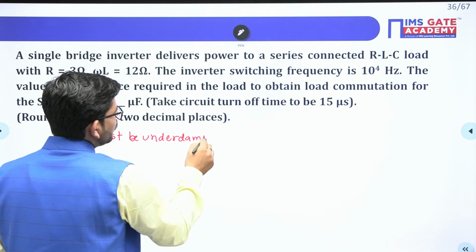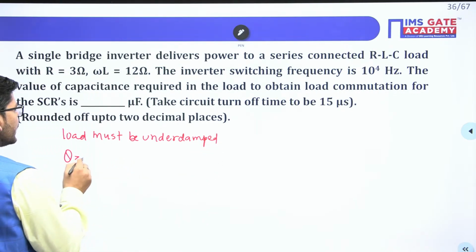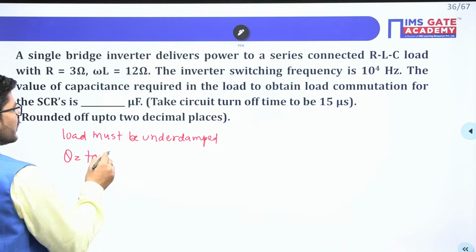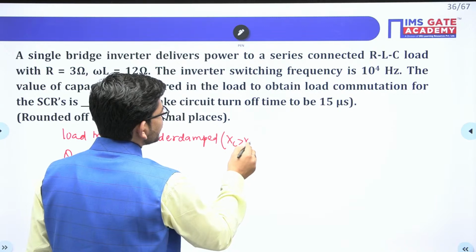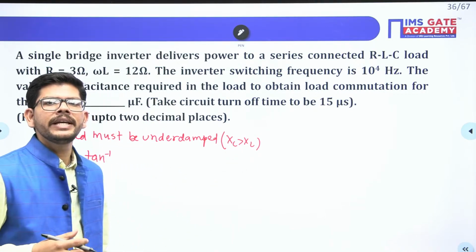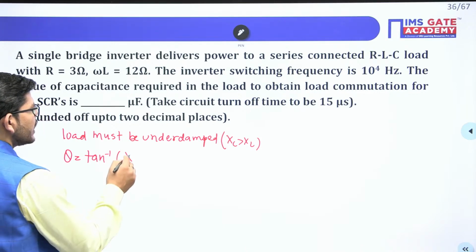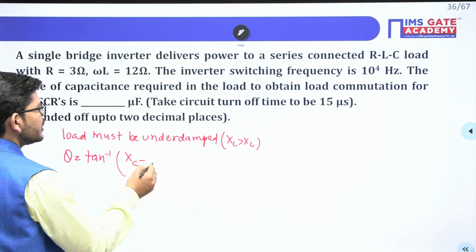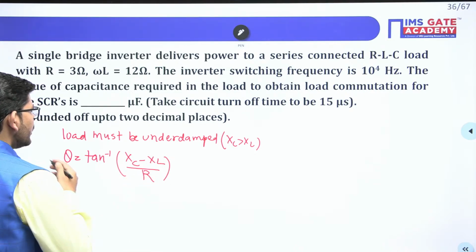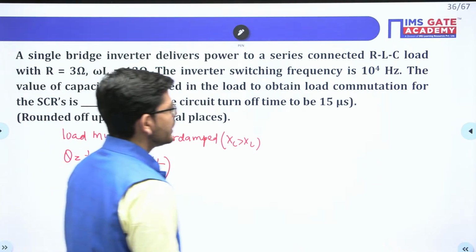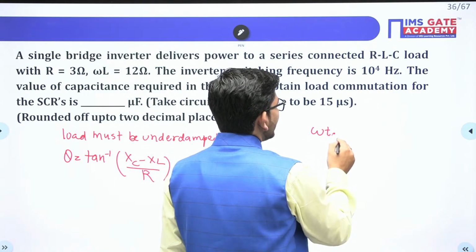If the load is under damped, it means Xc must be greater than XL, and the current must be leading. The angle by which the current will lead the voltage is given by this particular expression. Now how do we calculate theta here? Theta is omega Tc.